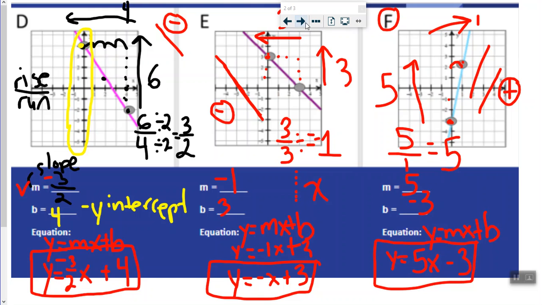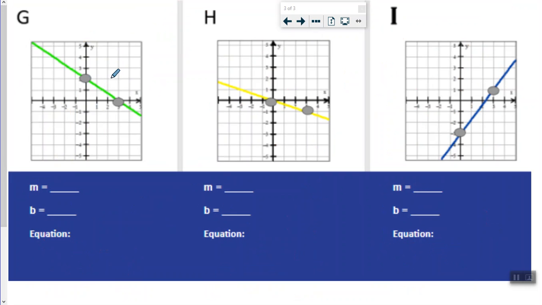All right, let's keep going. G. You'll notice right away, this is like this, and the slope is negative. So this is a negative slope, okay? All right, let's start here and go here. How many spaces do we go up? 1, 2. And then how many spaces is our run?